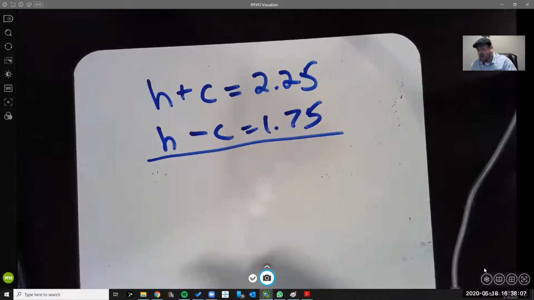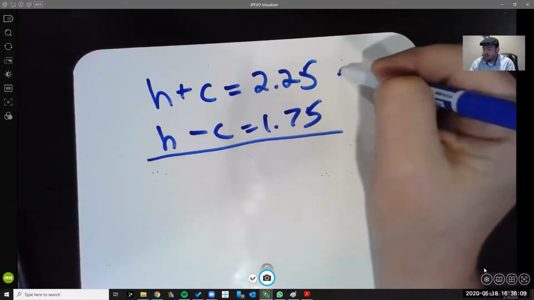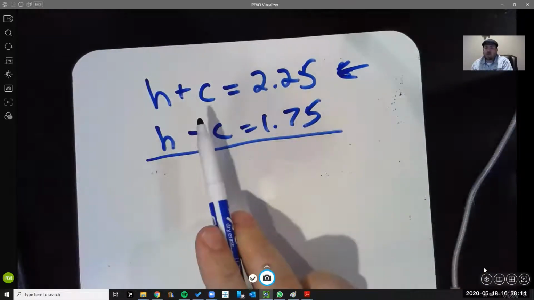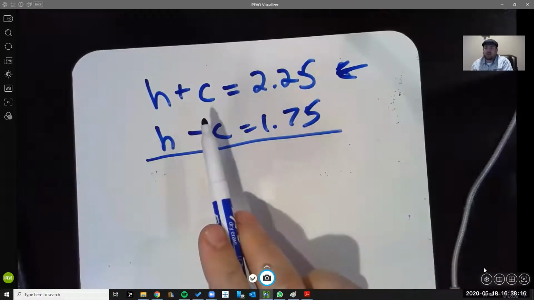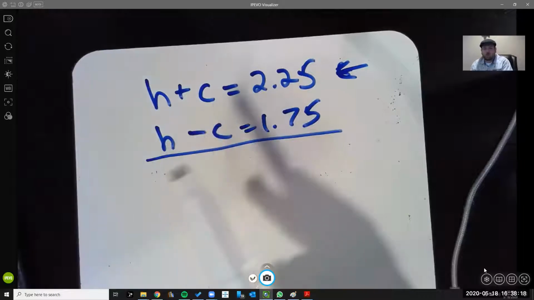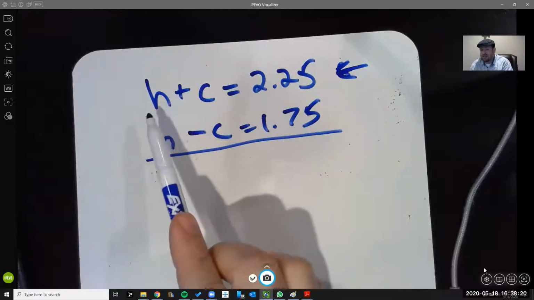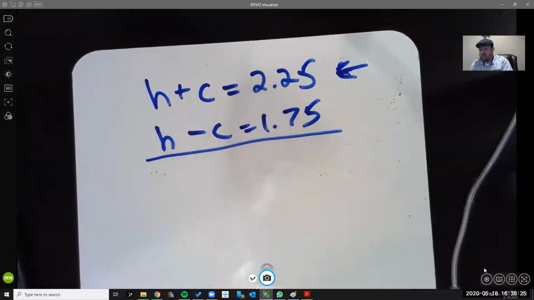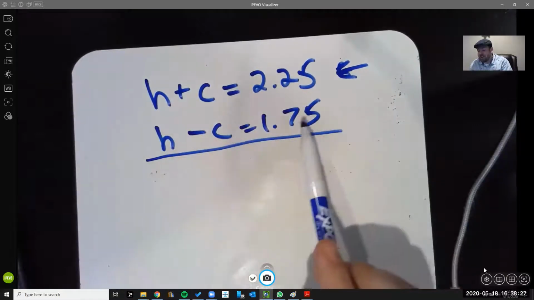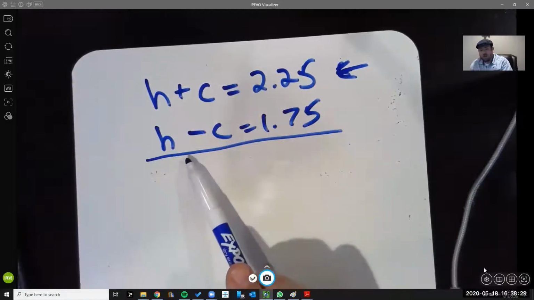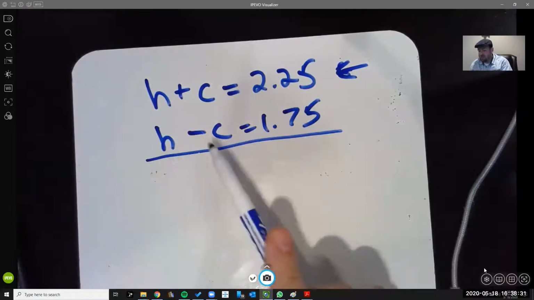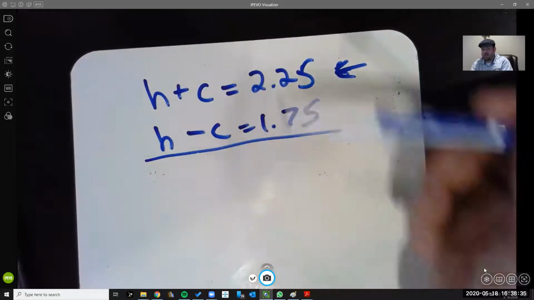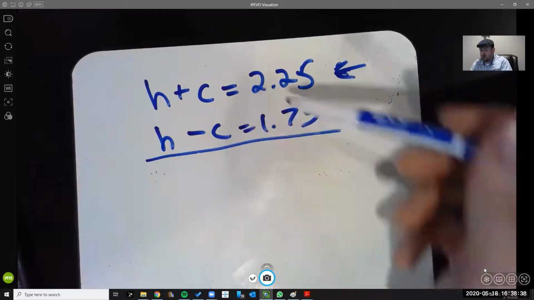But I'm looking at this top equation here, and I'm remembering that there's a thing called the addition rule of equality, which just means I can add things to both sides of that, and it will remain the same. So now that I look at the second equation, you'll say, well, Mr. Palin, H minus C isn't the same as 1.75, so I couldn't really just combine things like that.